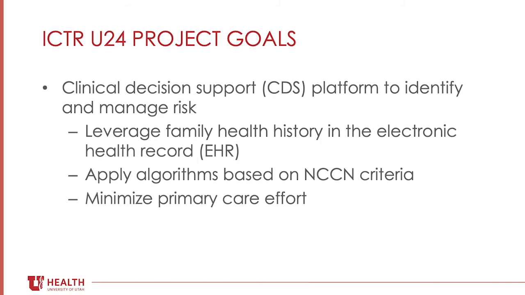And I'll show you a little bit about those criteria on the next slide. But we did also want to highlight that one of the other goals of the U24 is to reduce the burden on primary care, so not to introduce a good deal of other work for primary care providers, but to utilize this CDS platform in order to minimize the effort required.